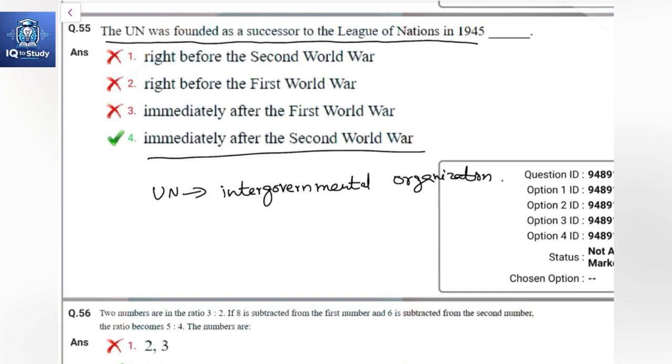Its purpose is to maintain international peace and security. To prevent future wars, the United Nations was established after World War II.